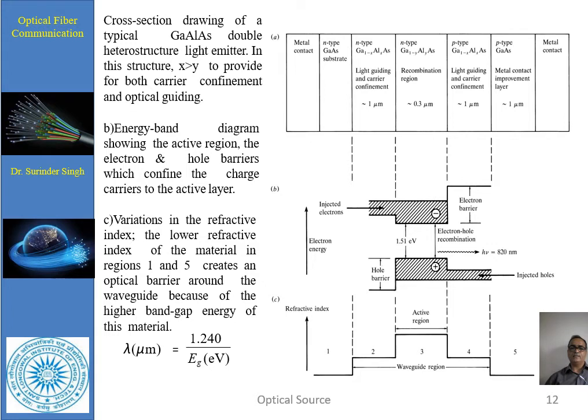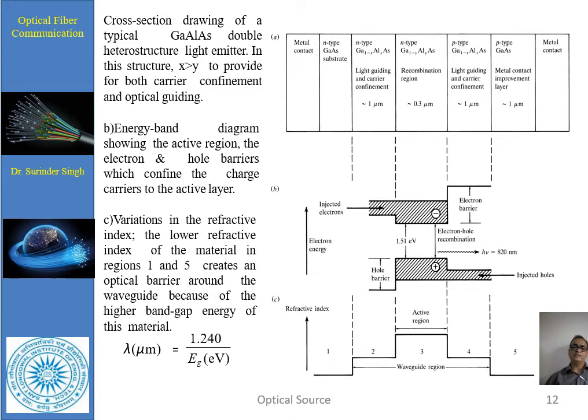The center one has the highest refractive index, whereas the p-type region has a lower refractive index. If we consider the refractive index of the outside region, the light guiding and carrier confinement layers have a slightly higher refractive index as compared to the outside, and where recombination takes place, the highest refractive index is chosen.